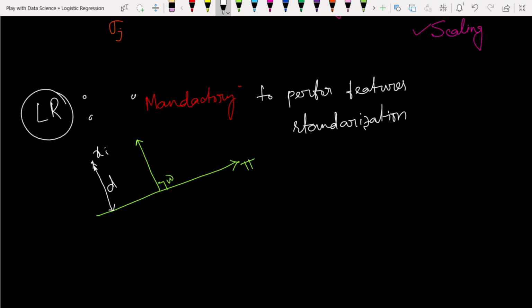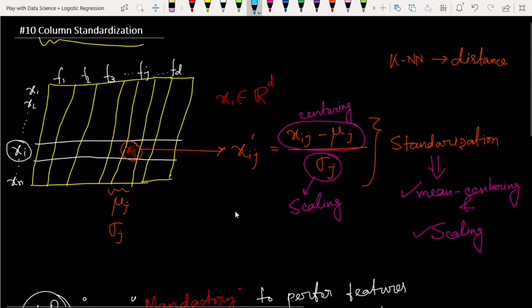This is the primary concept: first we calculate the distance, and then everything else follows. Because we are calculating distance here, we need to perform feature standardization, and because of this we need to perform feature scaling. I think it is all clear why it is mandatory to perform column standardization.